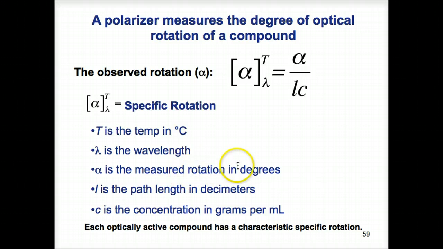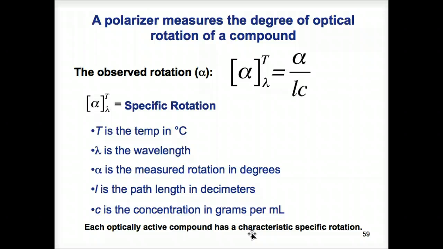Alpha is the measured rotation in degrees. L is the path length in decimeters. And little c is the concentration in grams per milliliter. Each optically active compound has a characteristic specific rotation, so it's a specific characteristic of a compound.